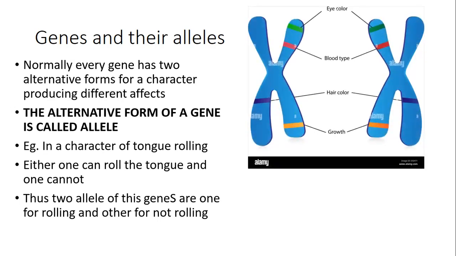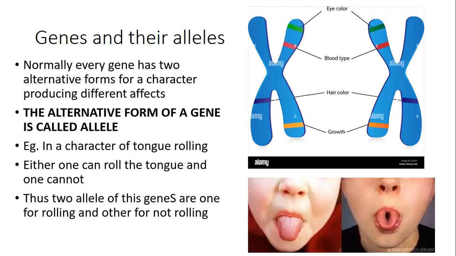Here you can see the alleles for eye color, blood type, whether it is A, B, AB, or O, hair color, whether it is black or brown, and growth, whether it's tall or dwarf. Here you can see tongue rolling: this is non-rolling, this is rolling. So these are the genes and the alleles.